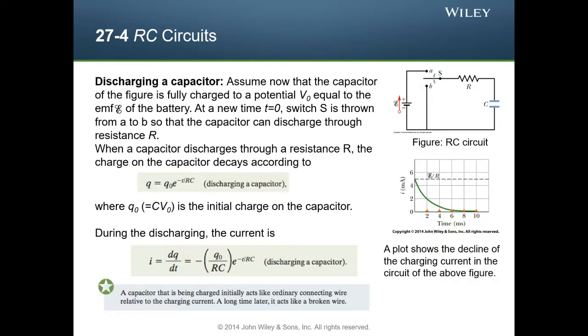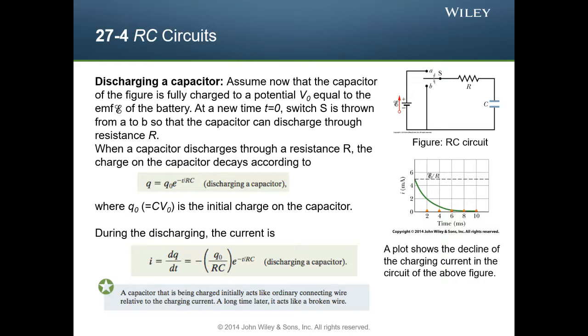So if Vs is only a constant, then V will be Vs plus A exponential to minus t over RC.